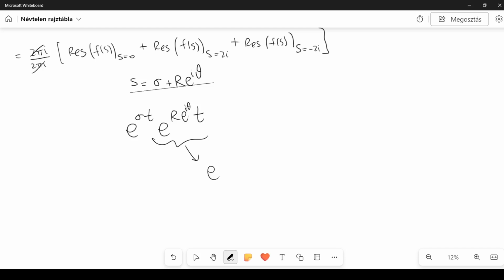We have e to the r cosine theta t times e to the i r sine theta t. This is just an oscillating term, and this part will go to 0 if the cosine of theta is negative, because remember that r goes to infinity, so this would be the prevailing term, and sigma is positive, but it is finite.